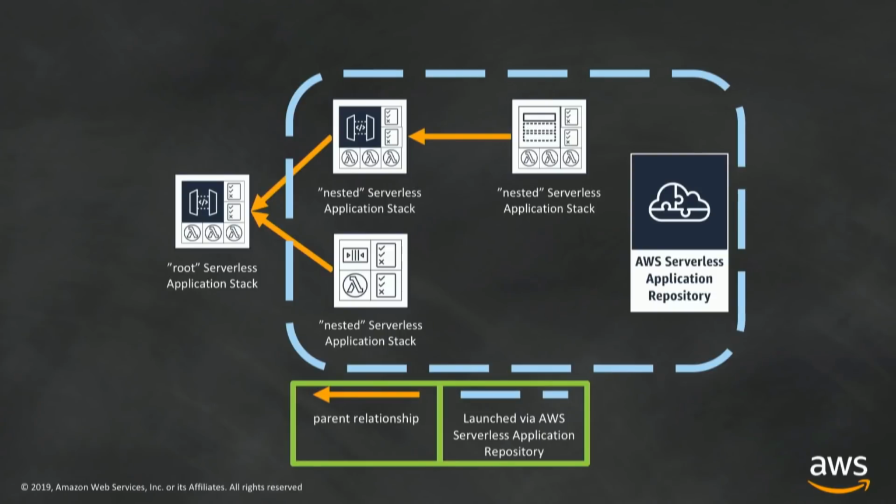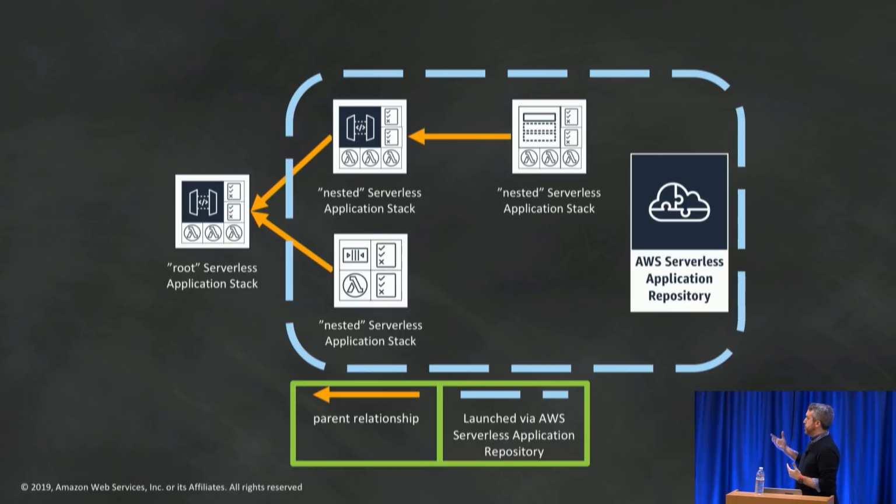And then what we announced at re:Invent, again, just kind of the end of November, is this concept called nested applications. And so the concept of nesting is that you can basically relate different entire serverless applications to each other. And I think one of the best examples that we have for this is the lead product manager for API Gateway, whose name is Dougal.